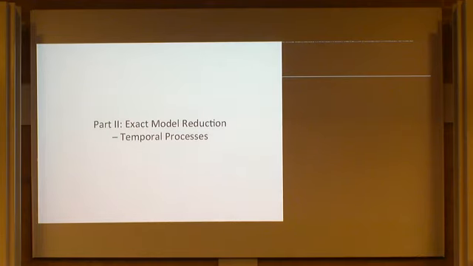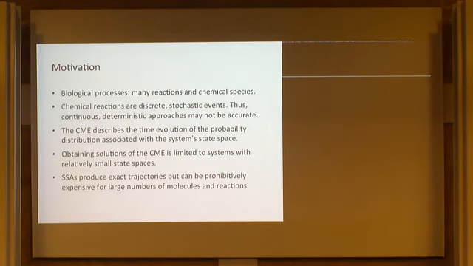So now let me talk briefly about exact model reduction, and for the moment I just look at temporal processes. The motivation is, I think, rather obvious. Biological processes have many reactions, many chemical species. The chemical reactions are discrete stochastic events, so continuous and deterministic approaches may not be accurate.